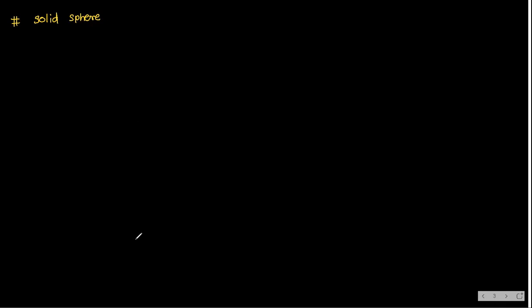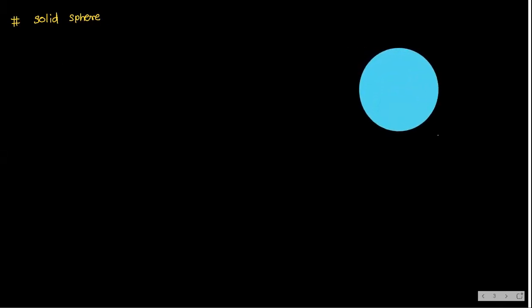So we are having Earth like this solid sphere, you can see. And again, I'm taking three cases. One is here, another is on the surface, and third one is inside the surface. You can see here like this. So this is point 1. This one is point 2. And this one is 3.